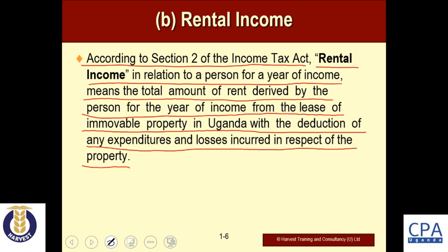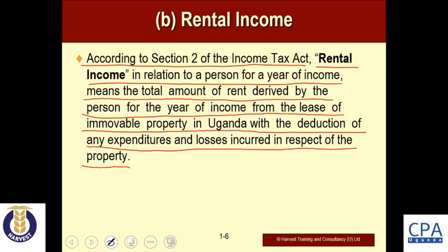So the section brings out this very nice definition of rental income. Rental income is basically the income you derive from letting out your immovable property. In particular, if you are talking about resident individuals, we are talking about income you are deriving from leasing of immovable property that is located in Uganda.